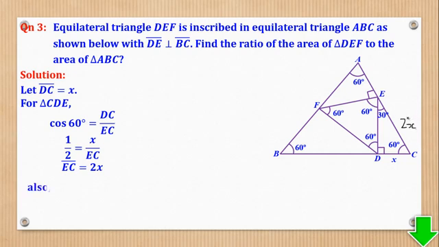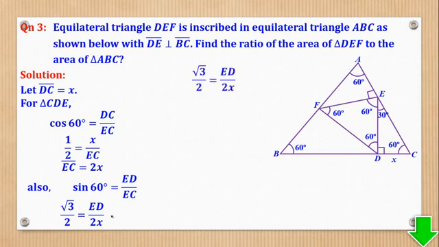Now I have this one. What next? I'll also use sine 60. Sine 60 is equal to ED, which is opposite over hypotenuse, which is EC. So I substitute for EC. Sine 60 is root 3 over 2. I think you remember that. EC is 2x, meaning I can make ED the subject.